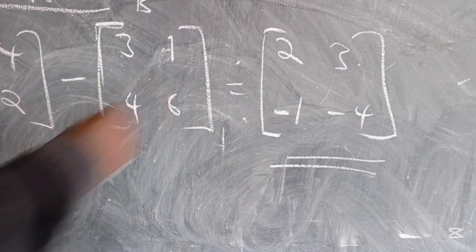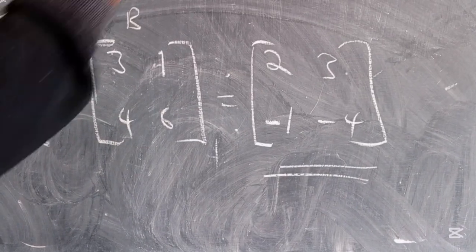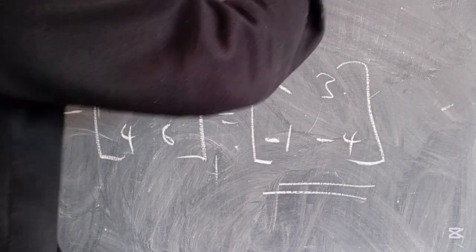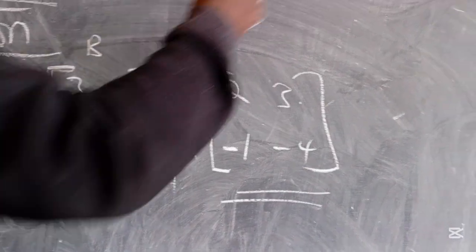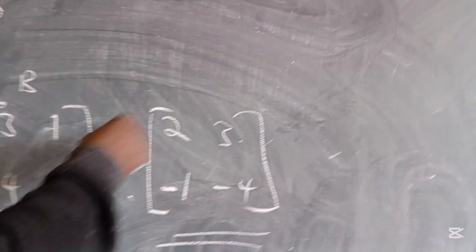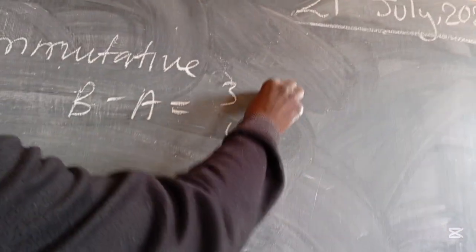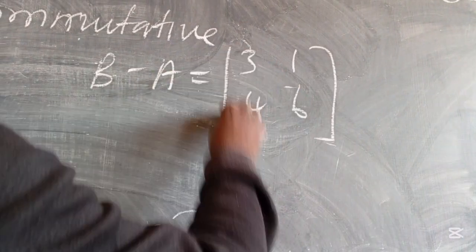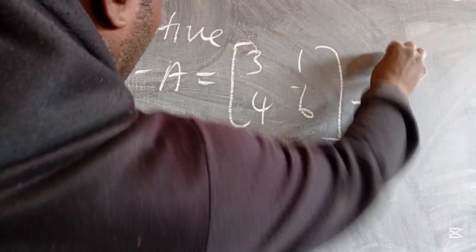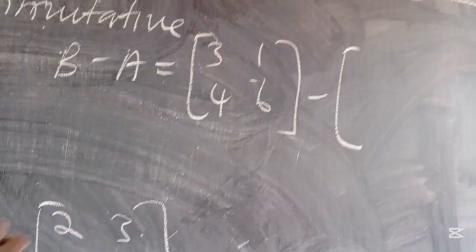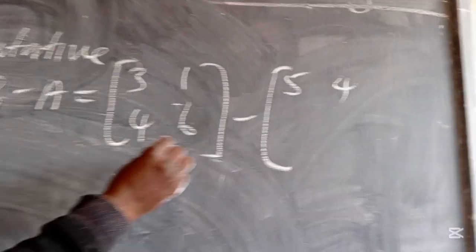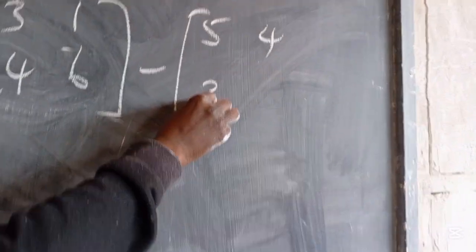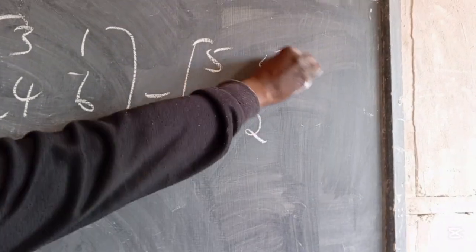I want you to note something. Is it true that when I subtract B minus A, am I going to get the same? Let's see. I'll start with 3 because that is my B. This is the matrix for B. We are trying just to see if they will be the same.